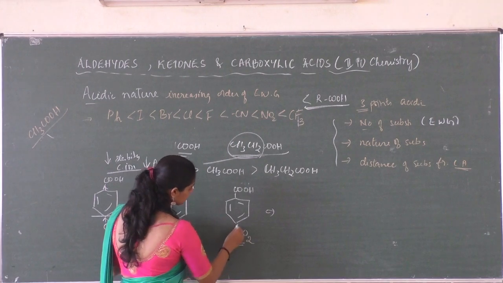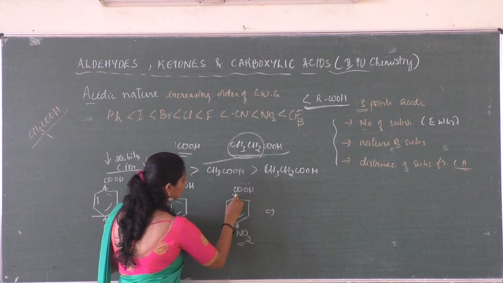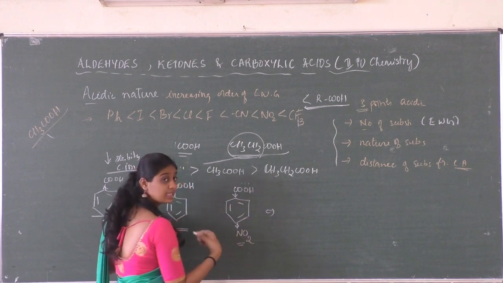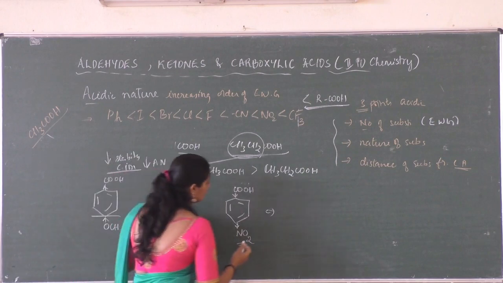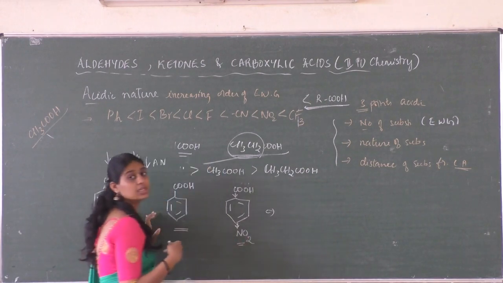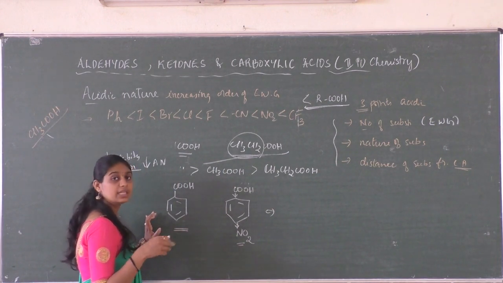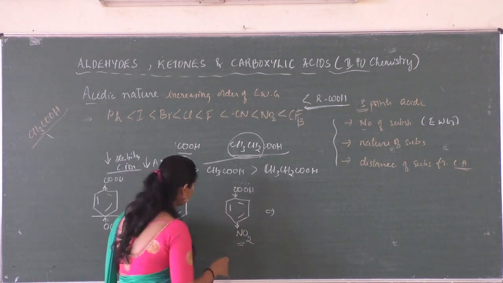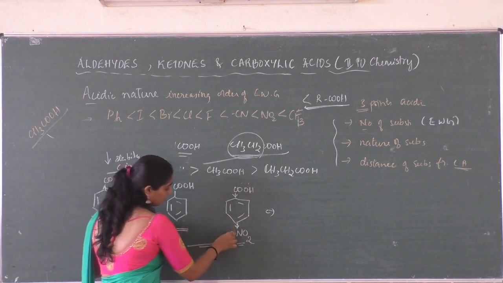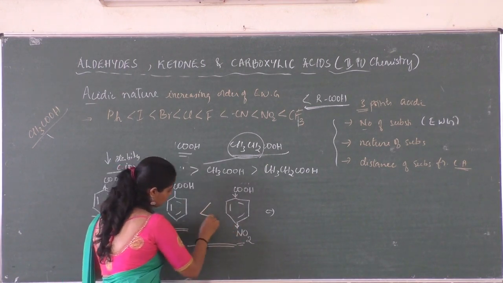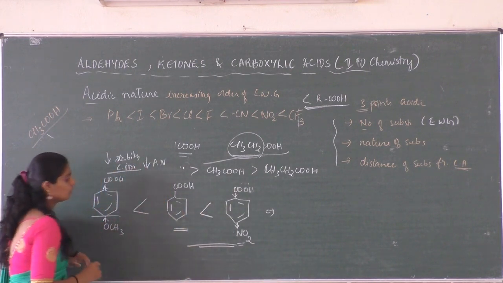This nitro group tends to pull the electron towards itself, so it increases the stability of the carboxylate anion. Thereby it increases the possibility of donating the H plus ion, which is nothing but increasing the acidic character. So if you consider these, para-nitro benzoic acid is more acidic compared to these two compounds.